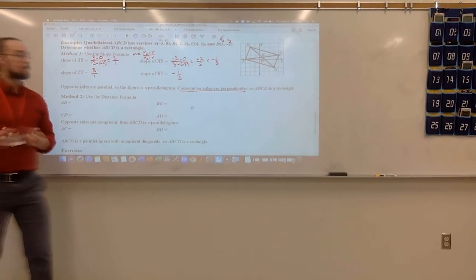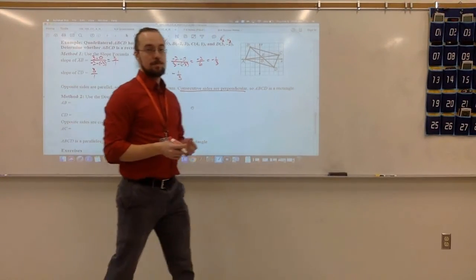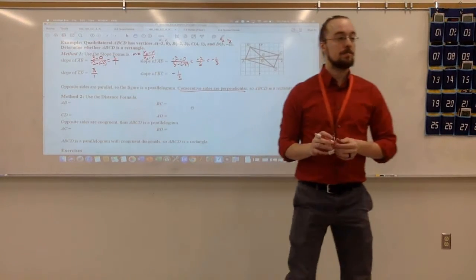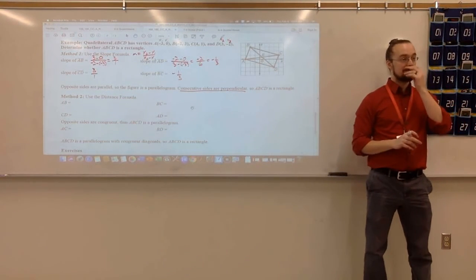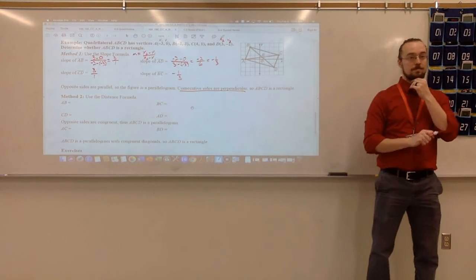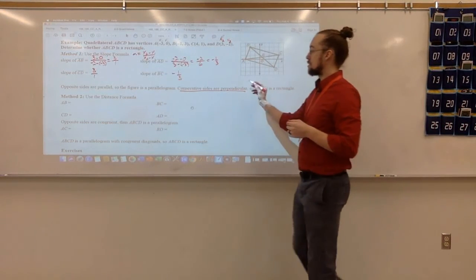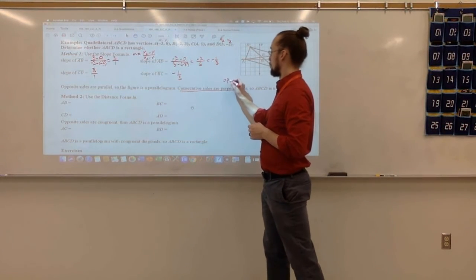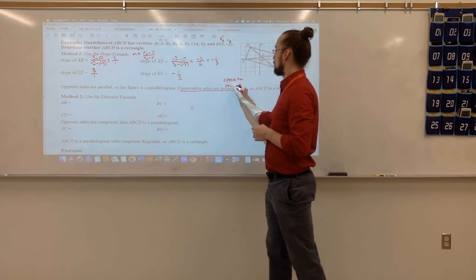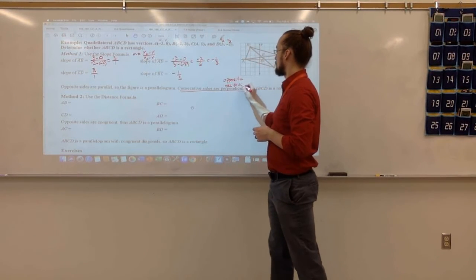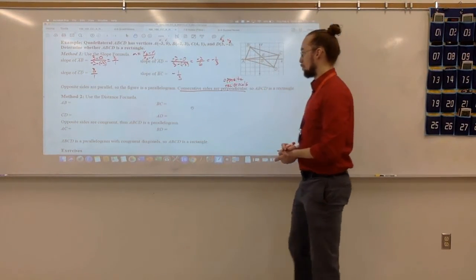What's the relationship between perpendicular slopes? Opposite reciprocals. Okay, perpendicular means slopes are opposite reciprocals.